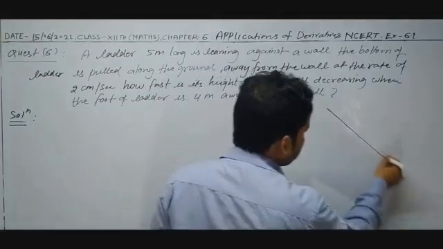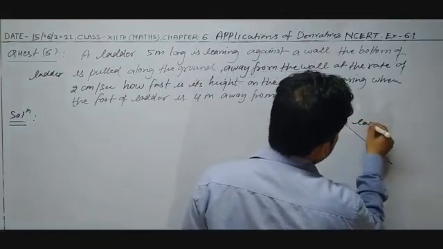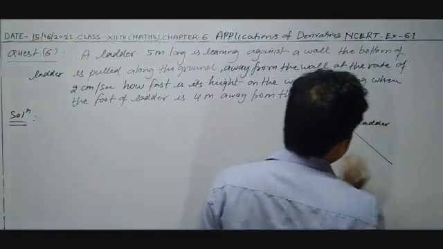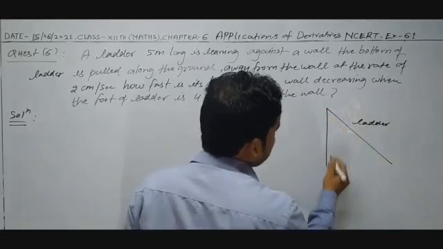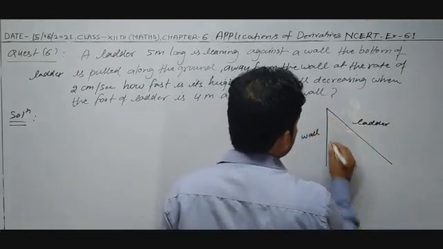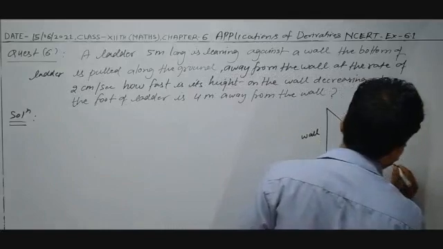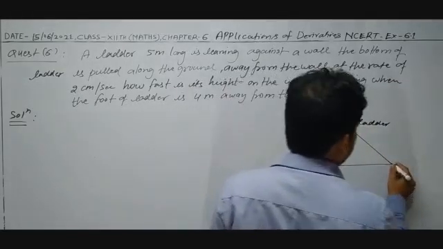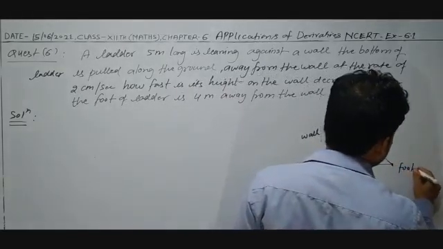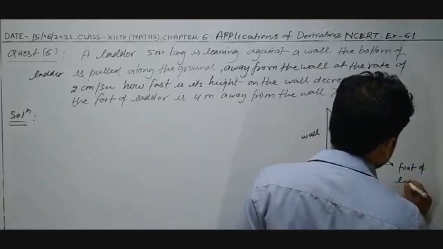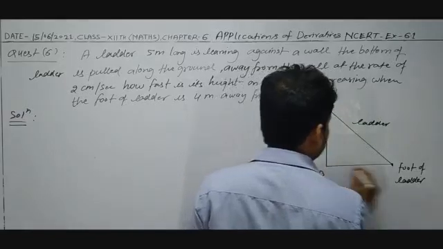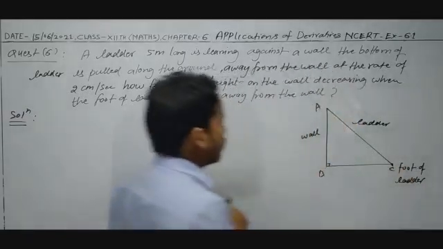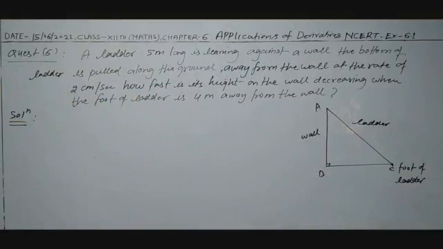Suppose this is the ladder. It stands against the wall, and this is the foot of ladder. Suppose A, B, C. Ladder position, wall position and foot position is here.